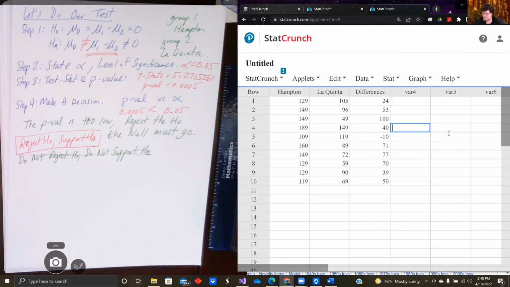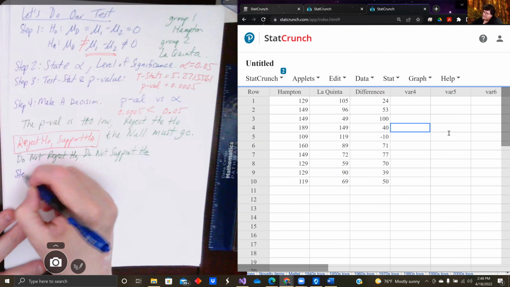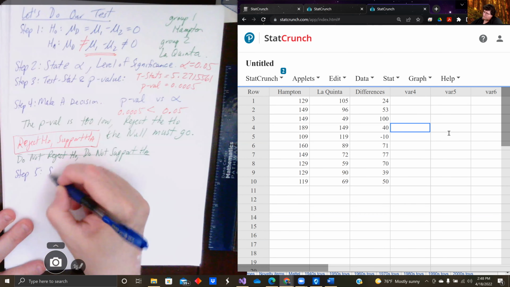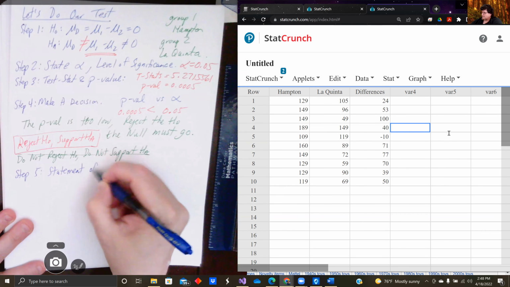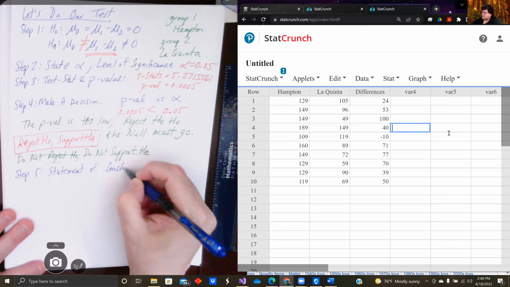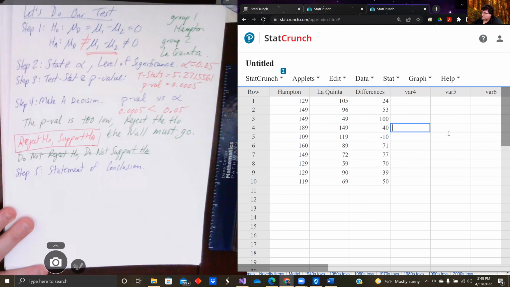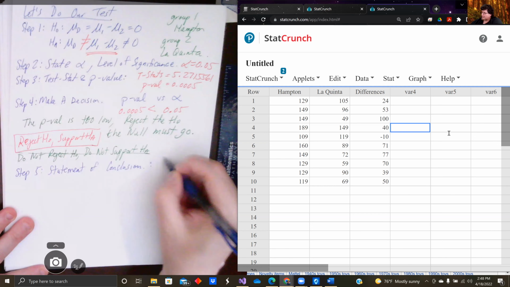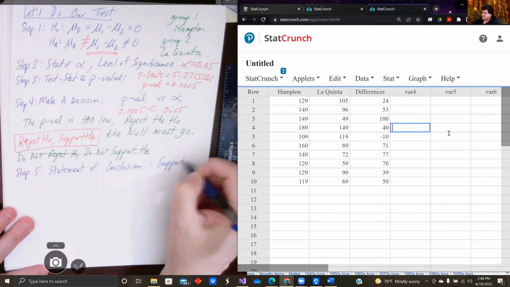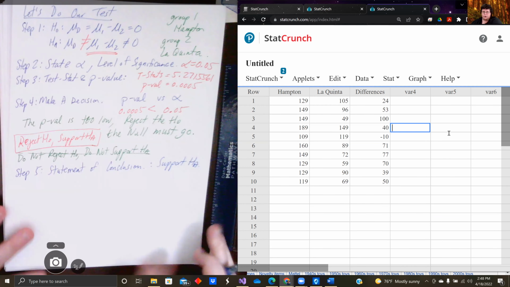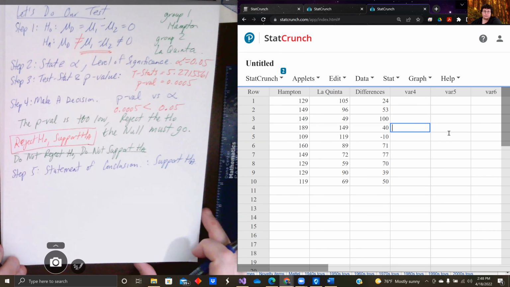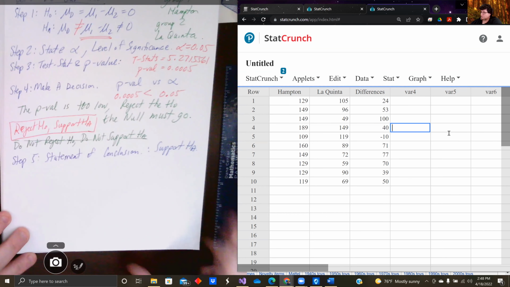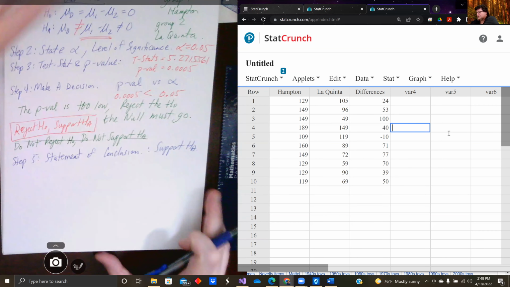And step 5 is always about HA. Step 5 is a statement of conclusion about our decision with HA. So here we chose to support HA. And that's not what we're going to say. We're civilized, educated people, we're going to make a full sentence. Since we're supporting it, there must be enough evidence to support it.